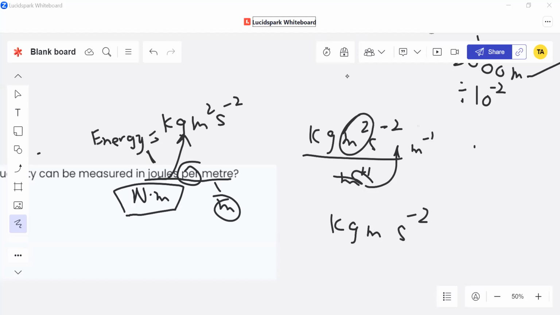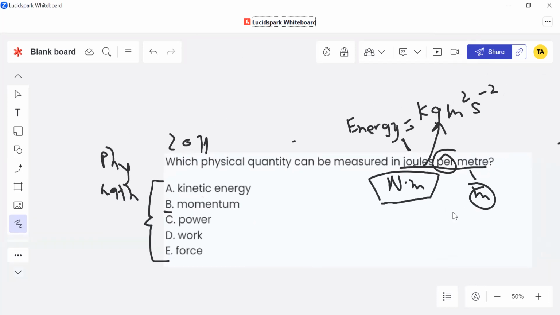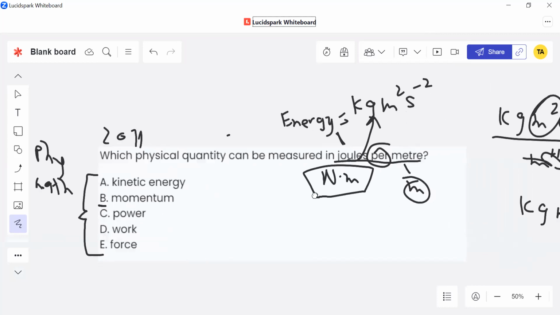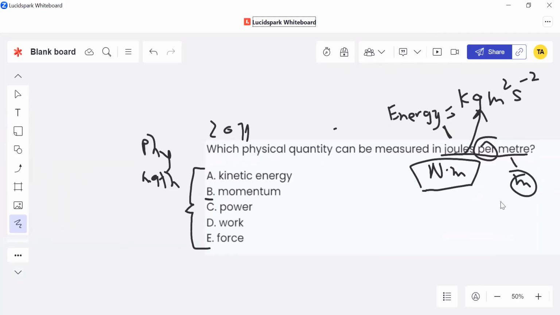Because I can move this m up. This will become negative 1, and m negative 1, m2 would give me m. 2 minus 1 gives me 1. So kg m s negative 2. Right. So kg m s negative 2 is the unit for which quantity? For force. kg m s negative 2 is the unit for force. So therefore, E is the answer.